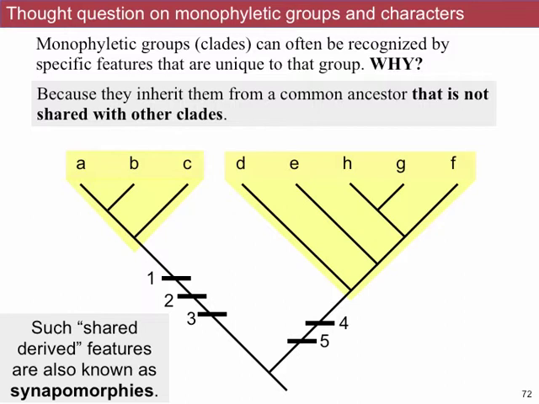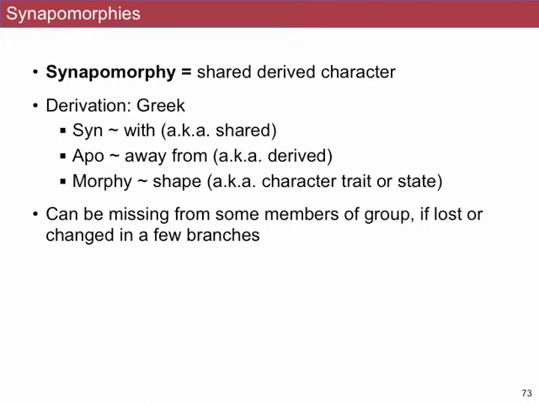They are shared among a group, and they are a derived state. So it may help people with the terminology. It doesn't necessarily help me because I don't know any Greek or Latin, but here are the roots of the words. Synapomorphy is derived from Greek. Syn basically means with, that is shared.